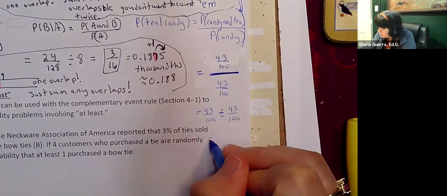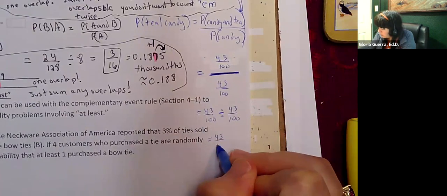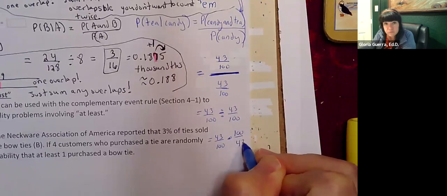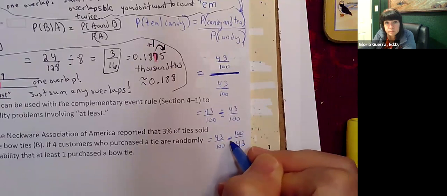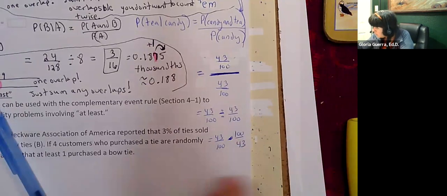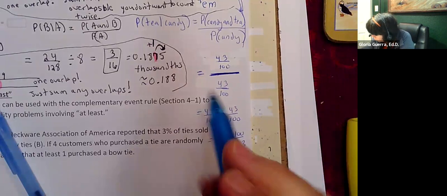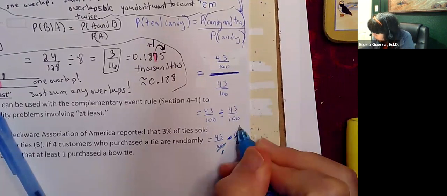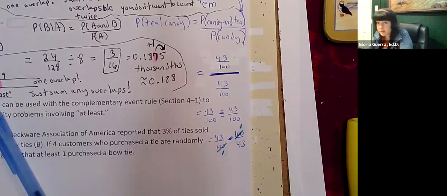So then you have 43 over 100 times, and then you flip it. And then these right here cross out, and that's a pattern.